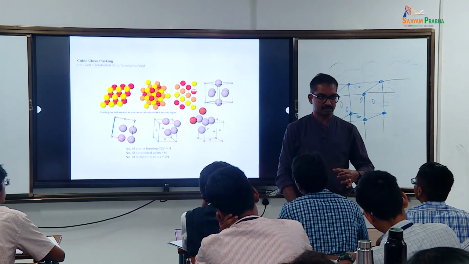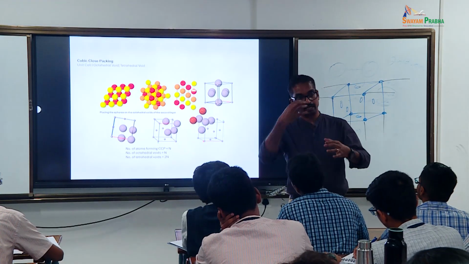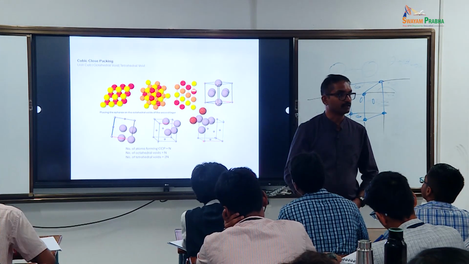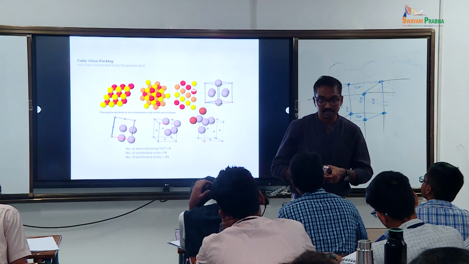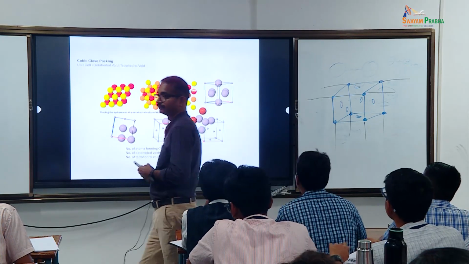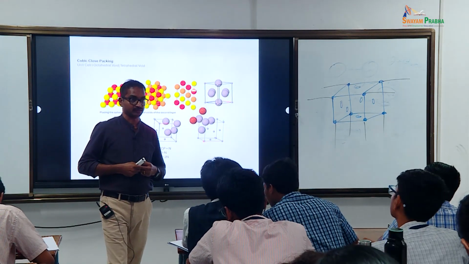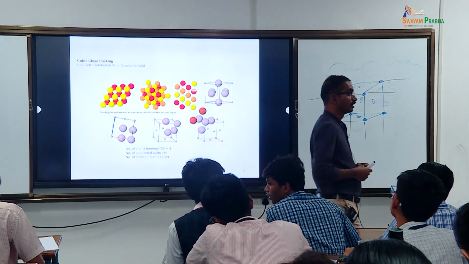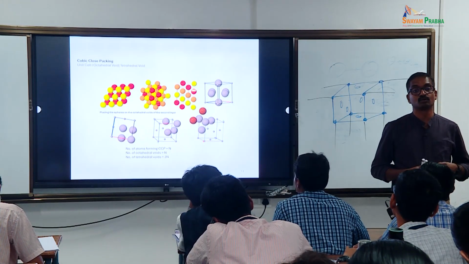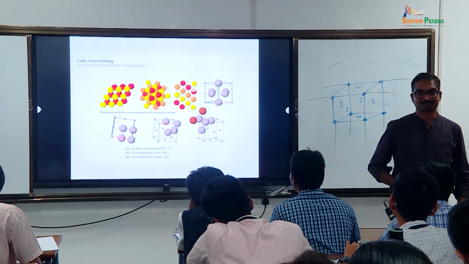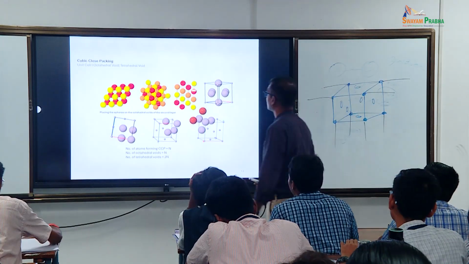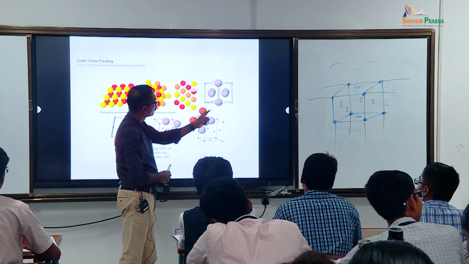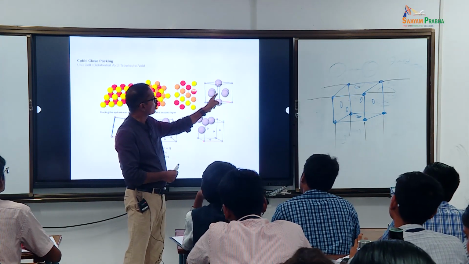Now you can see in this case the void here. Void means there is nobody here, that's why I call it void, or interstitial position. This void is empty space, and if I connect all the atoms here, you will get a shape called octahedra. But that shape can be built without even these atoms, using 2D shapes. What is the 2D shape you will use to build this octahedra?